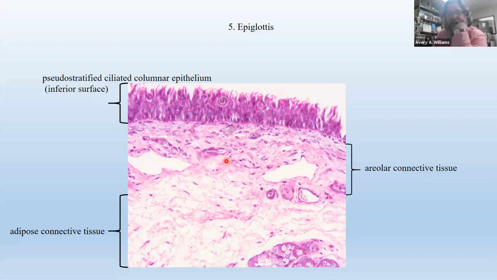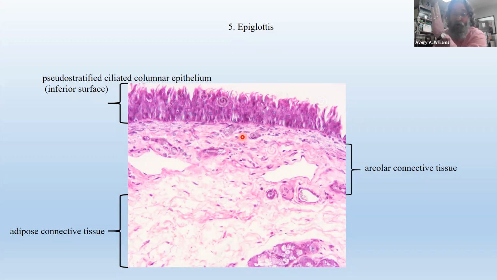Now if you know that you're looking at the epiglottis and you're looking at this, you should know hands down that this has got to be epithelial tissue because it's on the outside, right? Well, what kind of epithelial tissue could it be? Well, there's only two types it could be: non-keratinized stratified squamous epithelium or PCC. Think about that.